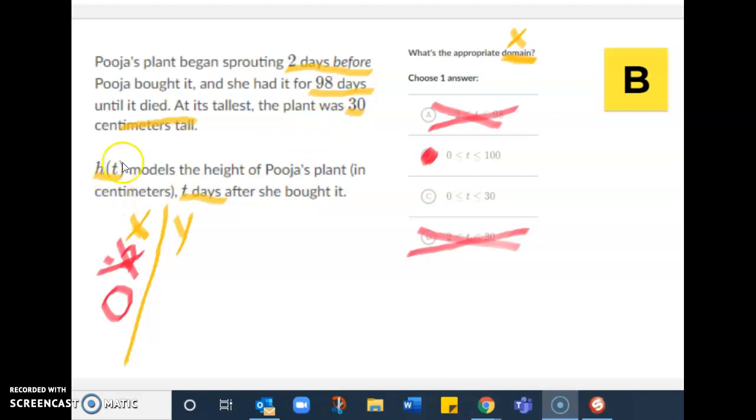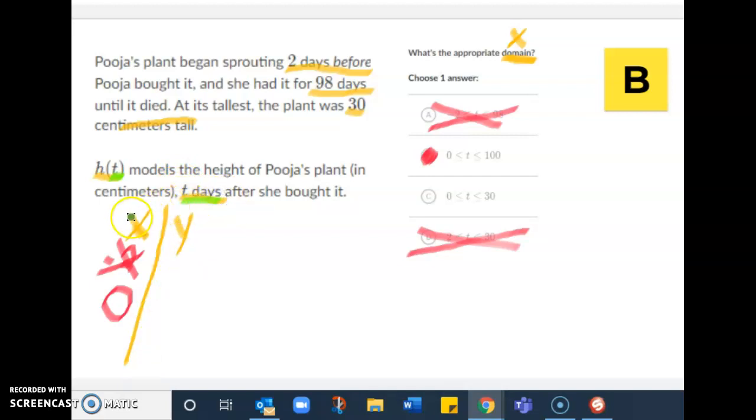But if we notice, let's look right here, my H of T, remember the variable inside of the parentheses, the letter T, is going to be my X column. So when I'm organizing my information, it tells me that T stands for days, right?